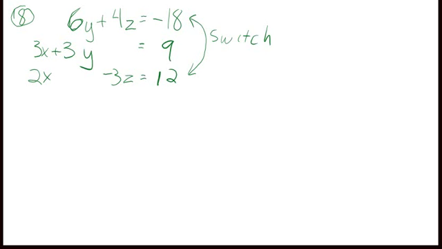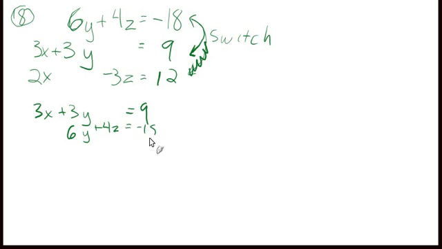We want this to wind up as the second one. So we want to switch actually these two and not these two. Alright, so 3x plus 3y is going to be our first equation, and 6y plus 4z equals negative 18, and 2x minus 3z is equal to 12.